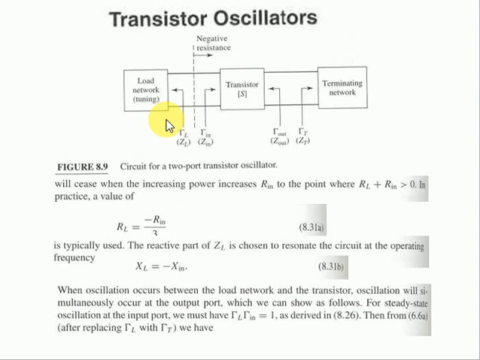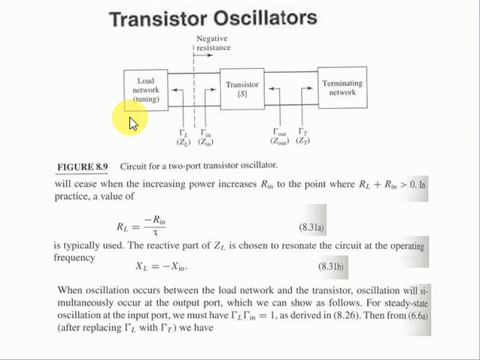After the transistor configuration is selected, the output stability circle can be drawn in the gamma T plane, and gamma T is selected to produce a large value of negative resistance at the input to the transistor.